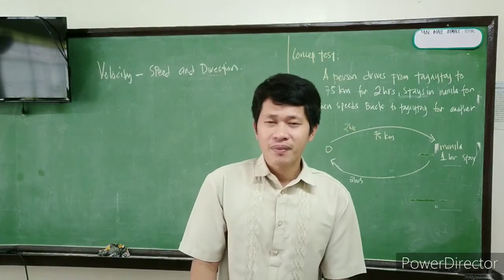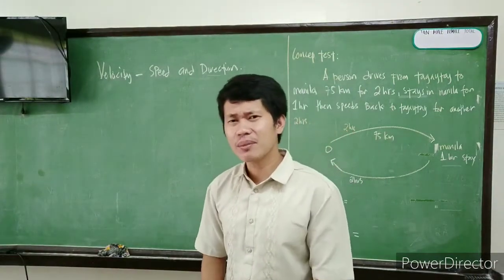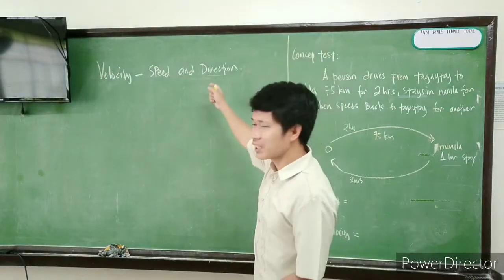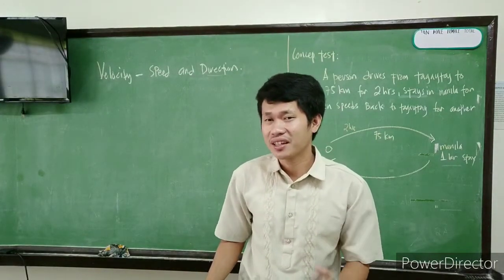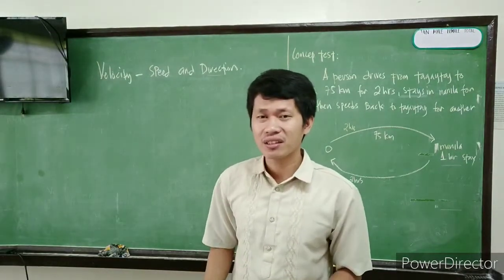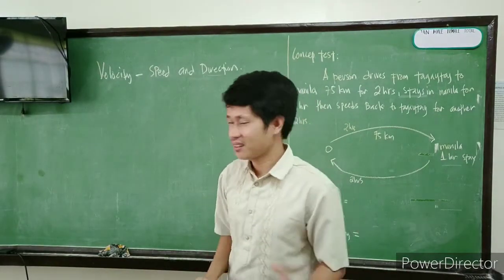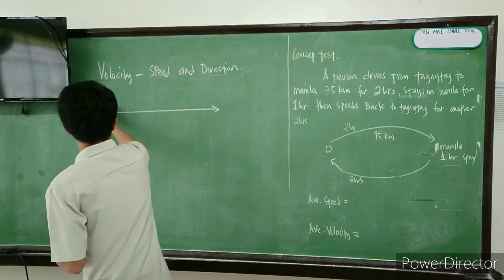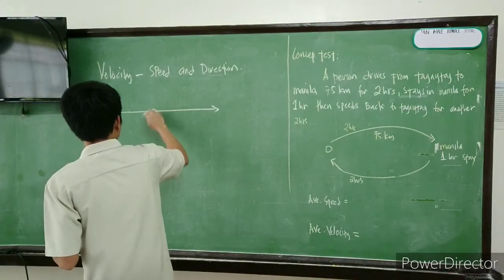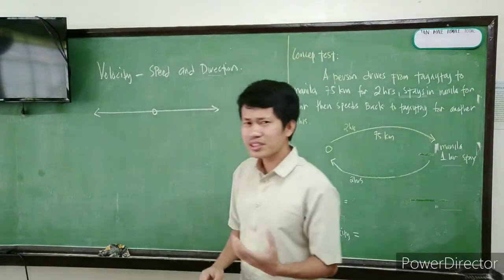Mas madaling maintindihan itong direction ng velocity kapag ginawa natin siya in one dimension. Pag sinabi kong one dimension, let's say x-axis lang. And what's the convention?